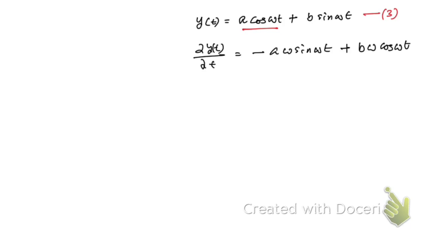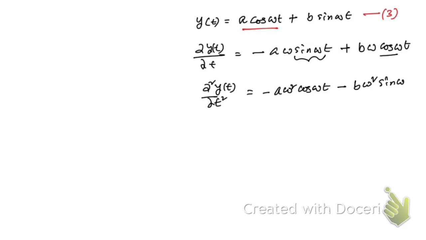Then again, as we are going to find the second order derivative of y, if we differentiate this y of t with respect to t again, we get minus a omega square cos omega t, and the derivative of cos is minus sine, so it becomes minus b omega square sine omega t.